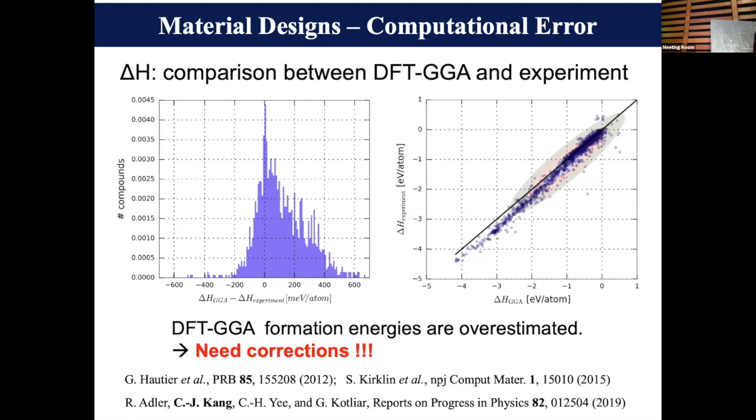Here, the x-axis shows the GGA formation energy, and the y-axis shows the experimental formation energy. The black solid line exhibits the perfect match between the theory and experiment. Again, the computations are away from the perfect match line. So it indicates that we need the empirical correction in the DFT formation energy.